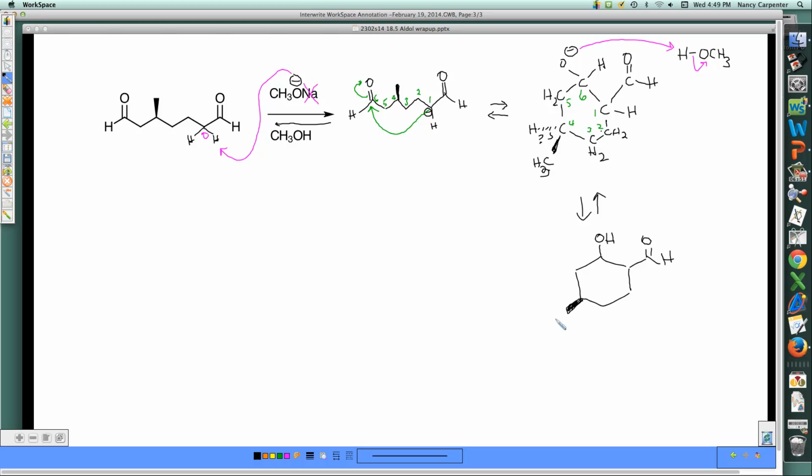We didn't muck around at all with the stereochemistry at this stereocenter, so it stays the same. But here, these two stereocenters, well, they'll be both R and S, but it's way beyond the scope of this class to try and predict how much of each you'll have. Just stand forewarned that you'll have a mixture of stereoisomers.